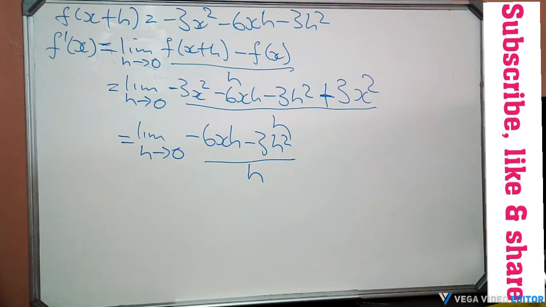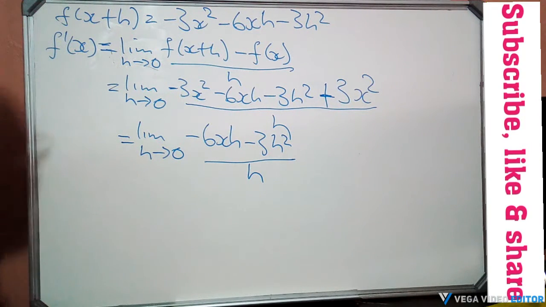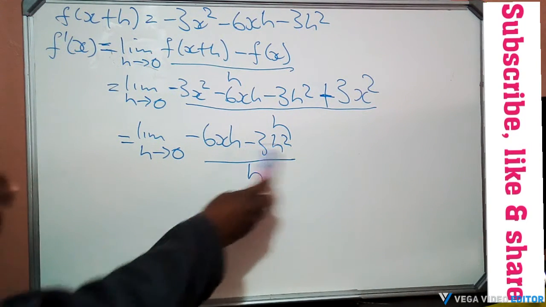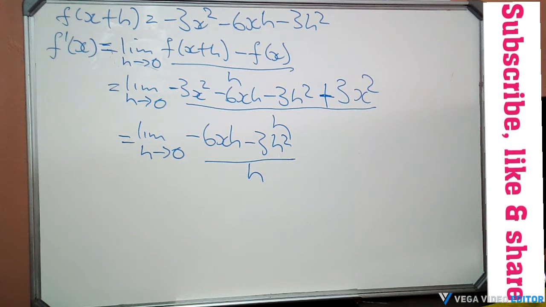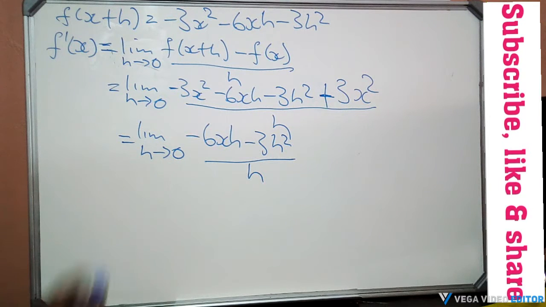And then our next step is we need to factorize. As you can see, h is common here and there and there. What we are trying to do there, we're attempting to get rid of the denominator h.